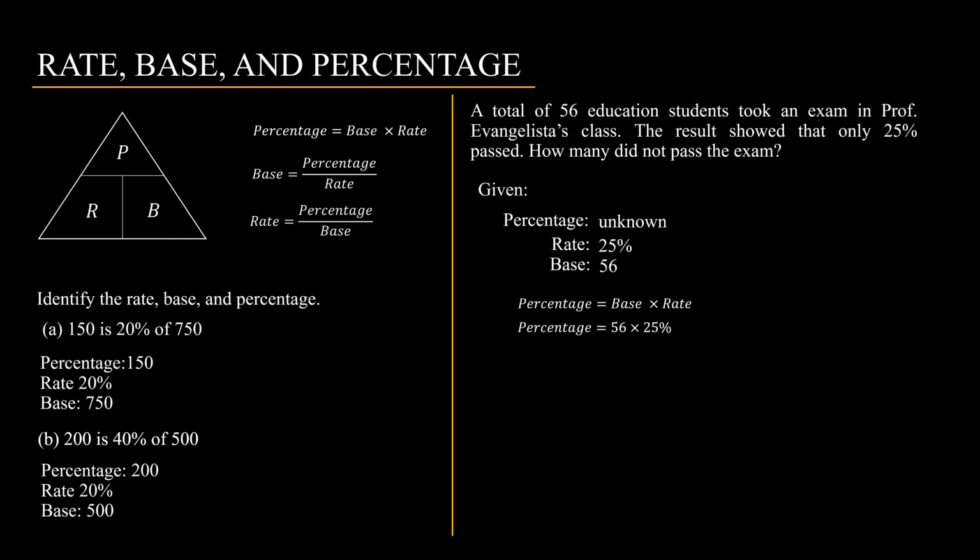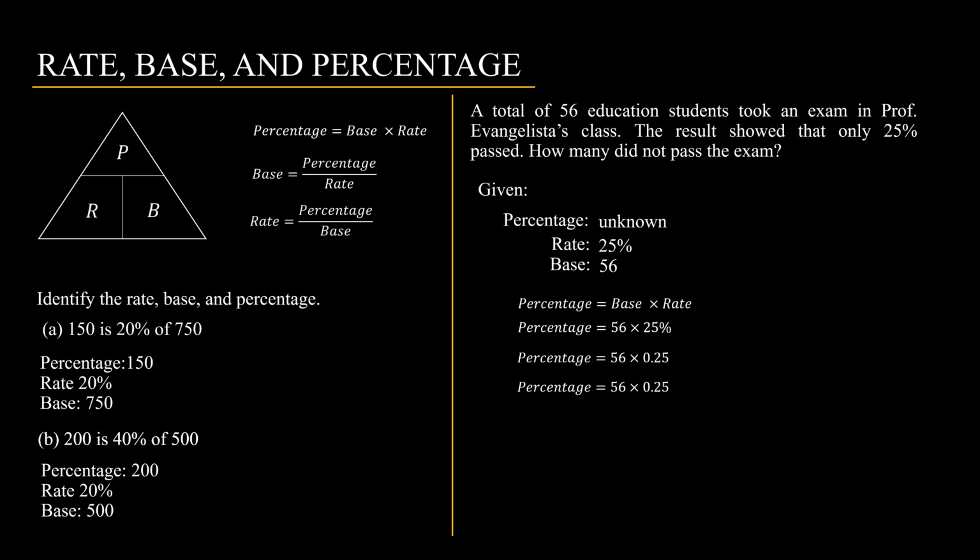We're going to convert that percent in a decimal form. So, meron tayong 56 times 0.25. So, from 25%, naging 0.25 siya. So, ma-move lang tayo ng decimal place to the left ng 2 beses. Kabaliktaran lang, inverse lang na process.